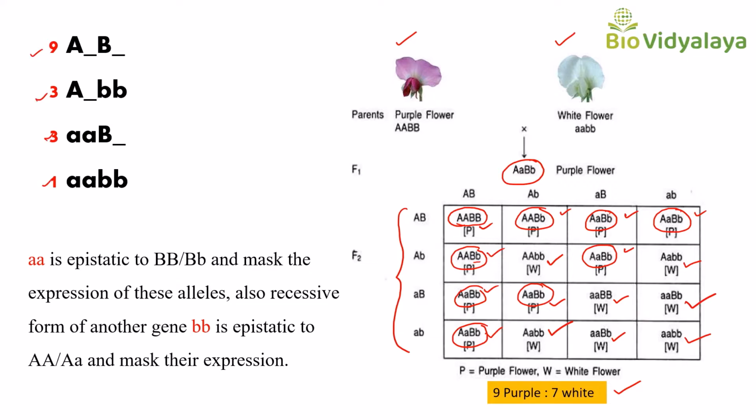But here this is purple, this is white, this is white, this is also white. So 3 plus 3 plus 1, 7. So the ratio is 9:7. So the duplicate recessive epistasis ratio is 9:7.